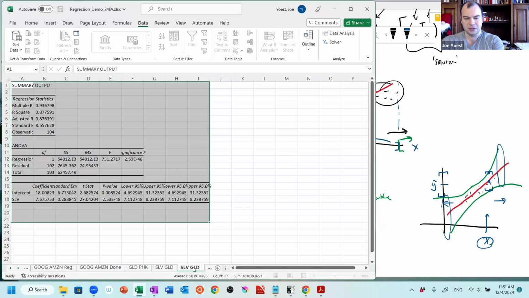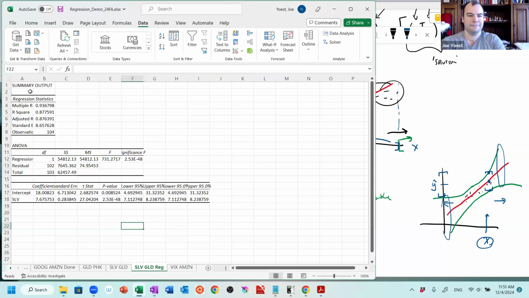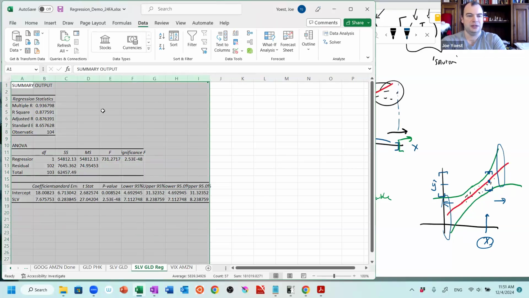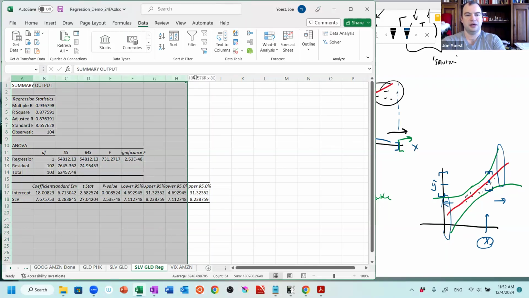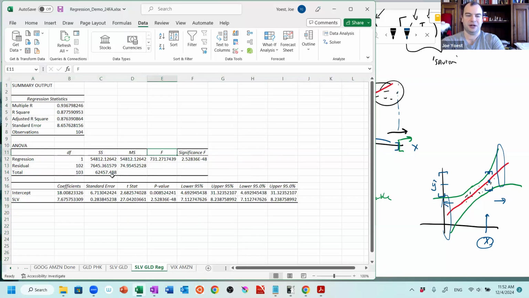Rename it silver gold regression, REG. I'm going to select all of my columns by double-clicking on column A, scrolling over to column I. Then if I double-click to the right of the column I marker, that resizes all my columns. Not strictly necessary, but it makes it easier to read.